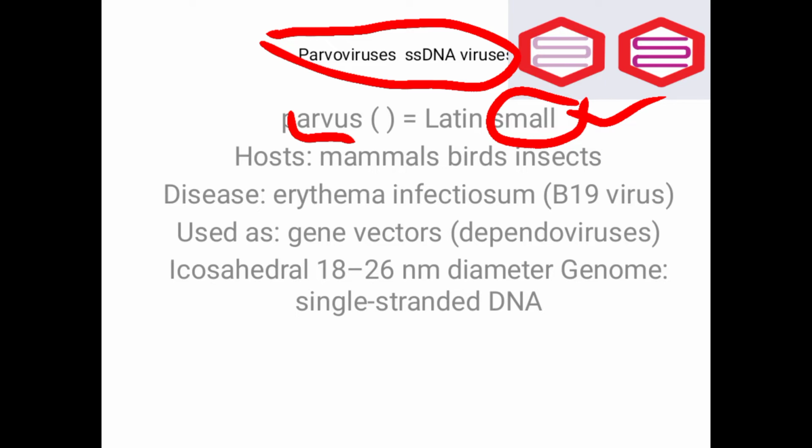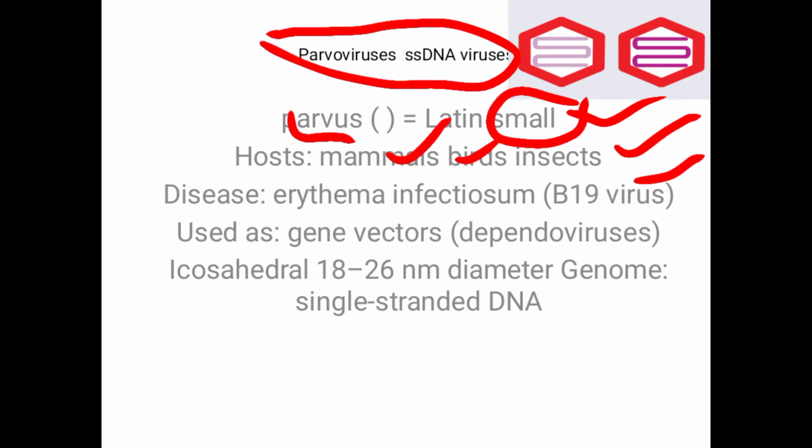Now the question arises: which type of organism do these viruses infect? Actually, the hosts may be mammals, birds, and insects, and they even affect bacteria. The most common disease caused by these viruses is erythema infectiosum, and this erythema infectiosum is caused by B19 virus.